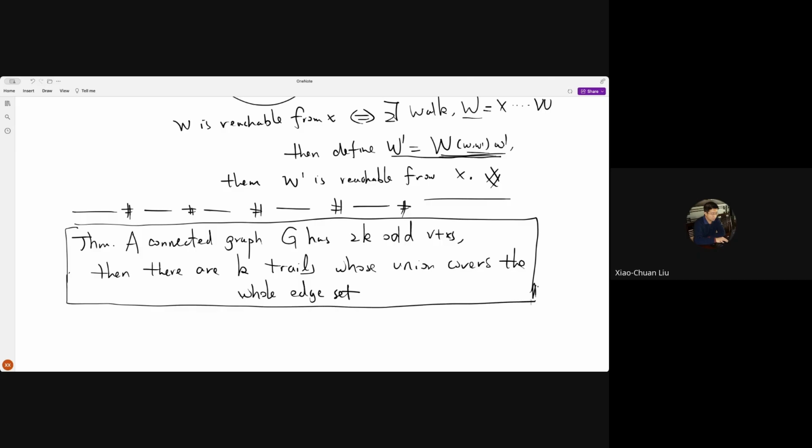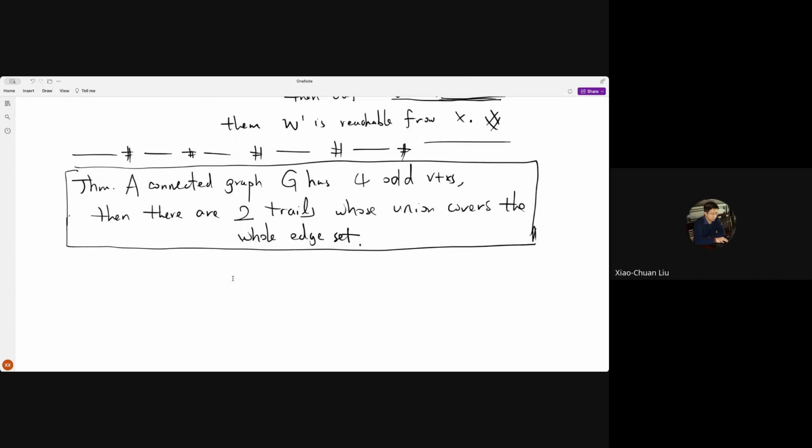Okay, think a little bit about this. If the graph G has only two odd vertices, you can find one trail which covers all the edges. Now we have 2k, for example 4, odd vertices, and I ask you to give two trails whose union covers the whole edge set.